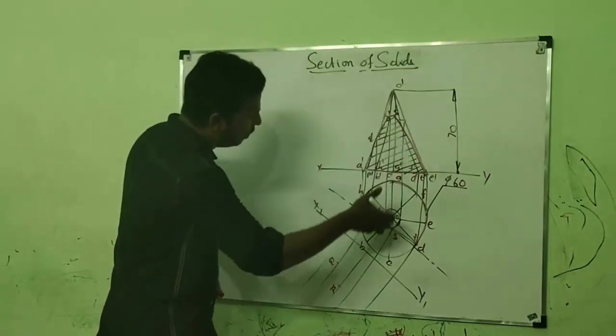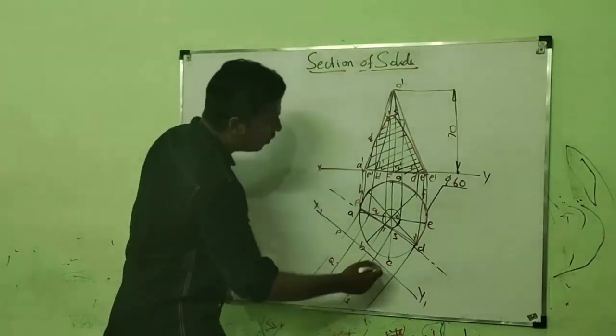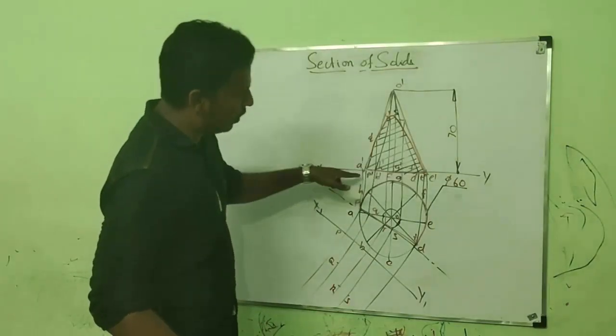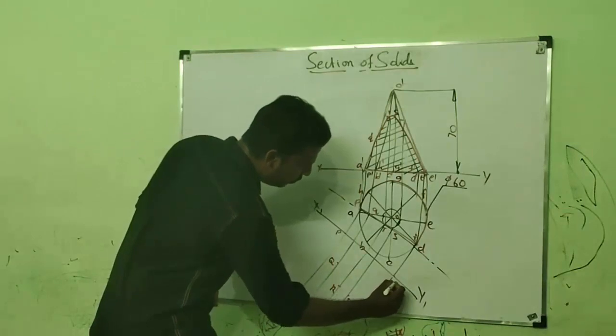Measure the distance of point S and mark here. Measure the distance of point T, that is exactly on the xy line itself. So here it will lie on the x1 y1 line itself, point T.